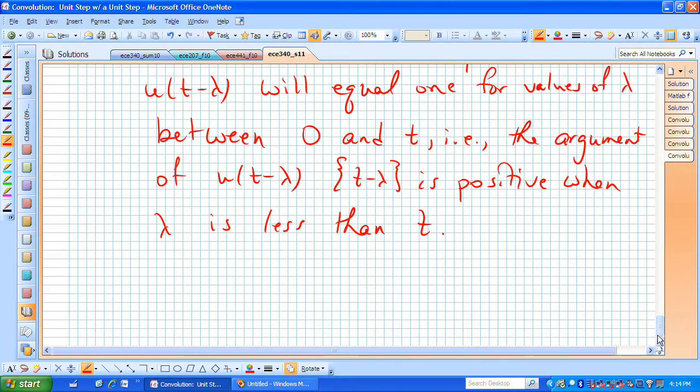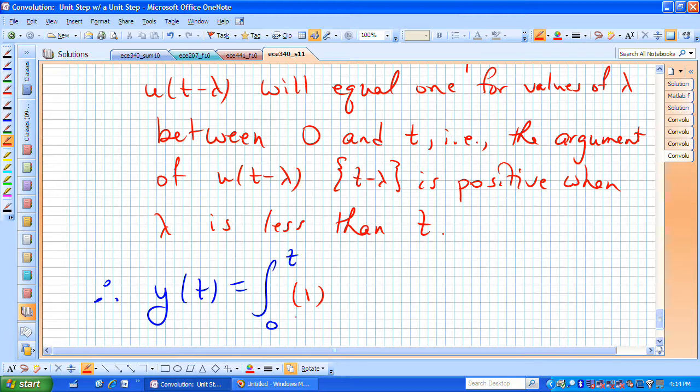If that's the case, now we can rewrite this expression. We started with the lower limit of 0. Now the upper limit can be set equal to t. The first observation was that the u of lambda was 1.